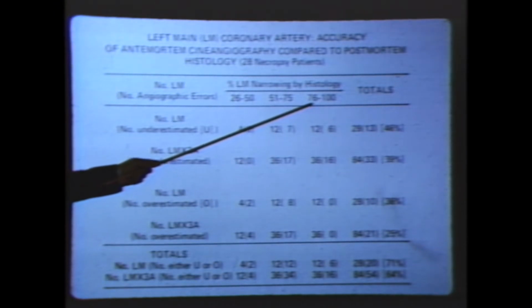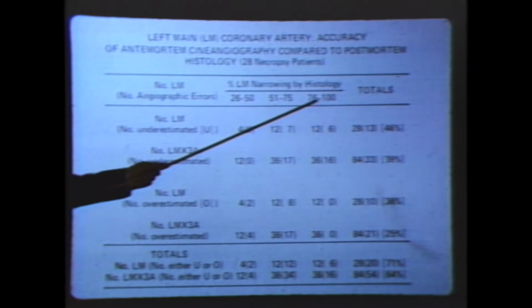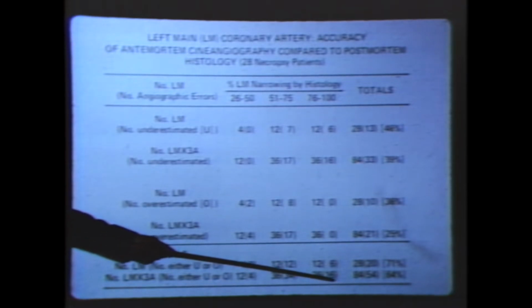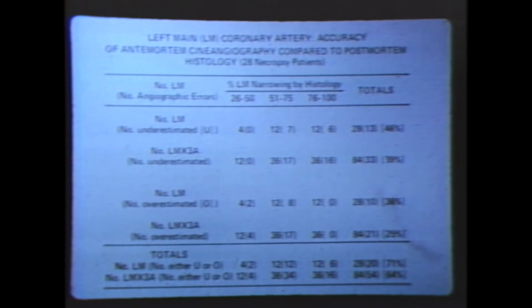Out of these 28 patients, there were 12 arteries narrowed 76 to 100%. 6 of them were underestimated. 36 angiographic judgments, 16 were underestimates. Now, this area of narrowing, 51 to 75% in cross-sectional area, is a no man's or no woman's land. Here we had 12 arteries.